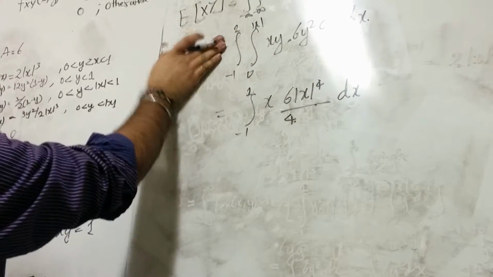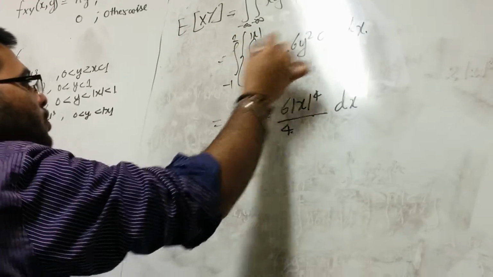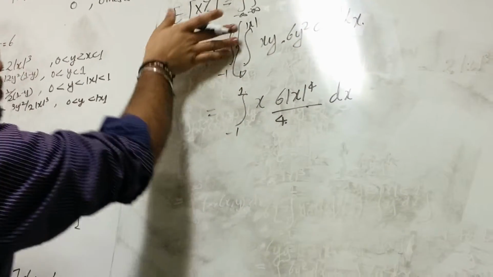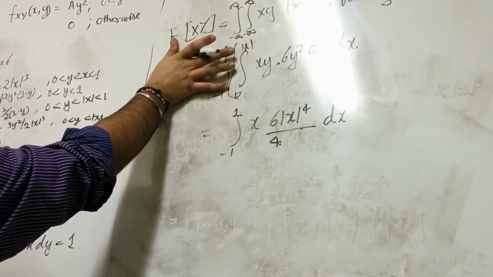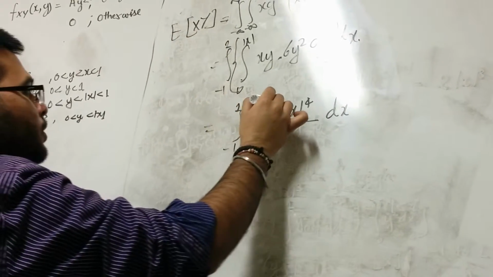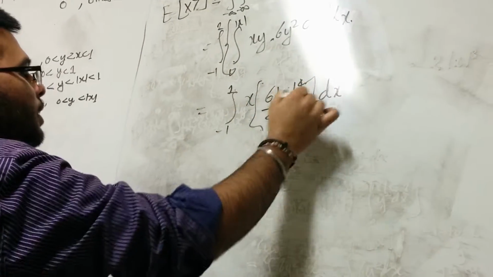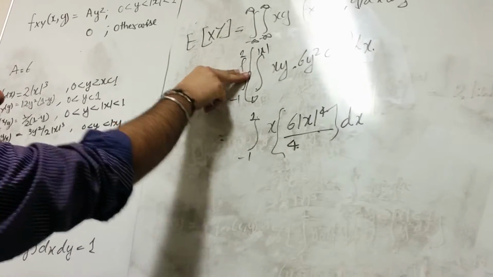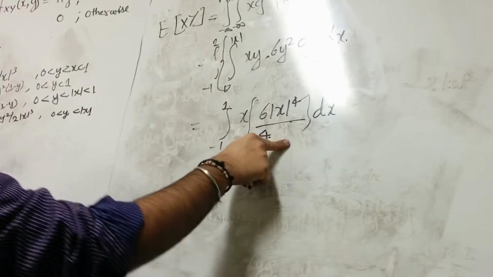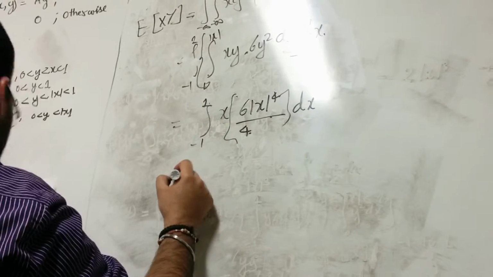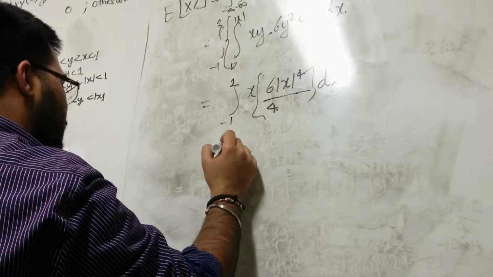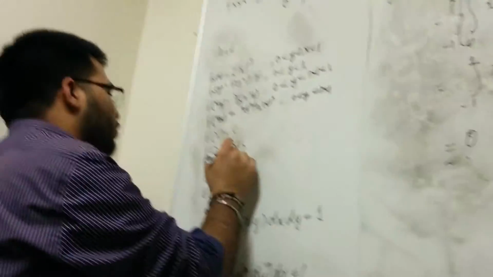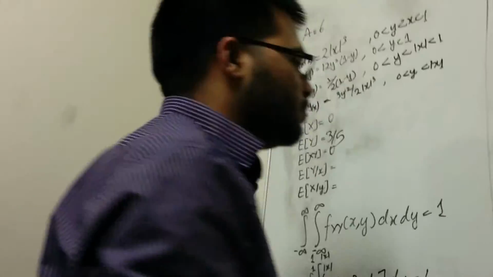That is, we integrate with respect to dy, and on putting these limits after the integration, we get this value. Now we multiply the term that we got after integrating with respect to dy with x, and then integrate with respect to dx, and on solving we would get the answer 0. So again, the expected value of XY is 0.